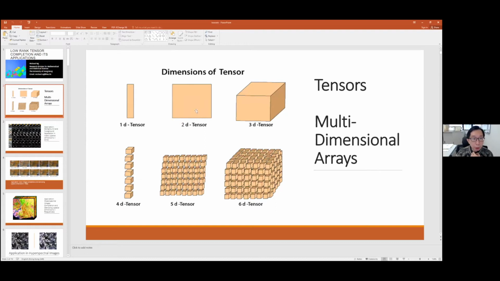So it's a matrix, and this is a vector, and three-dimensional is a cube. If you want to really visualize it, we can do it this way, like a 4D tensor: you have many cubes along a line, and then a matrix of the 3D tensor, and even a cube of cubes. So you see that it is in some way a multi-dimensional array.